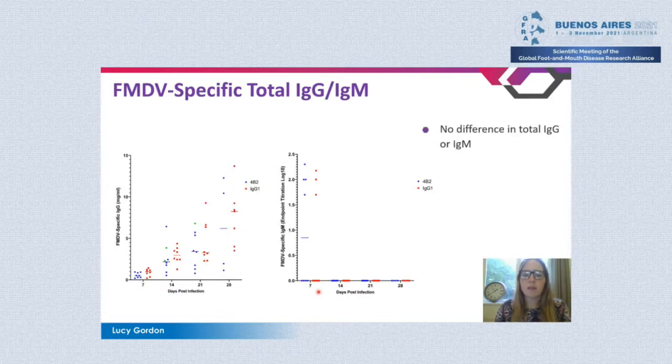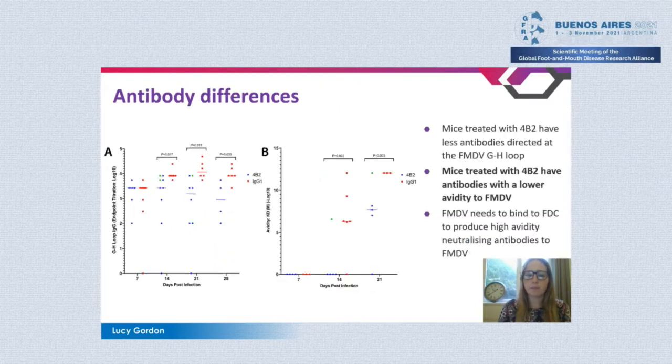Despite the differences in titers of neutralizing antibodies, there were no differences in the FMDV-specific IgG on the left or the IgM on the right. Therefore, I looked into the specific antibodies and their affinity to FMD virus-like particles to determine where the differences in the neutralizing antibodies lay.